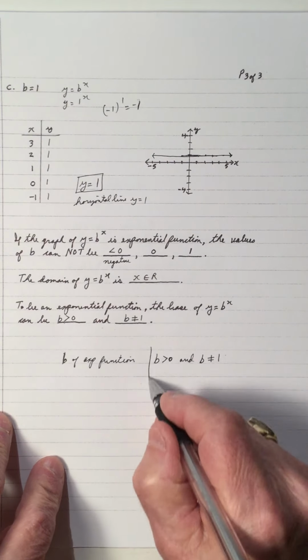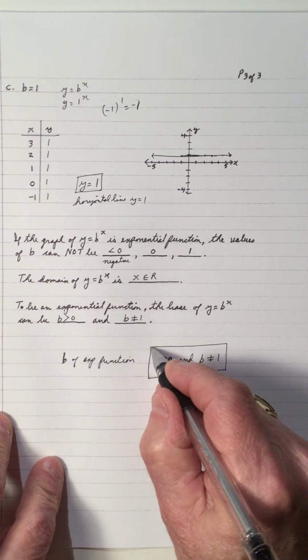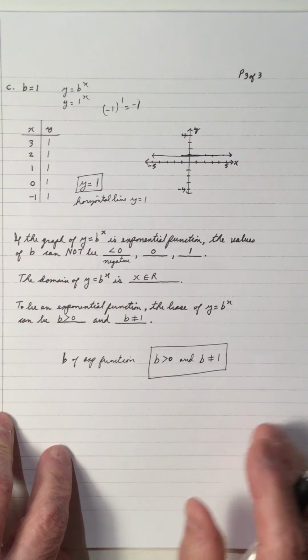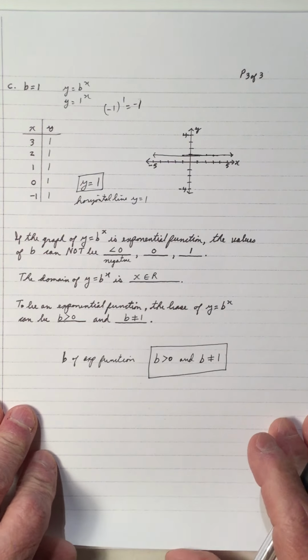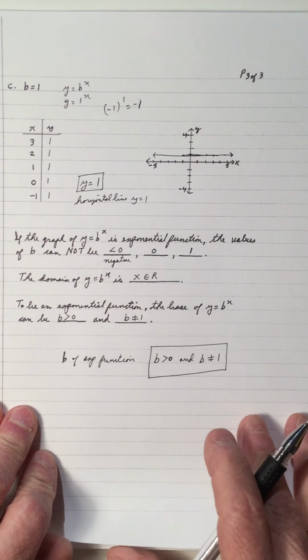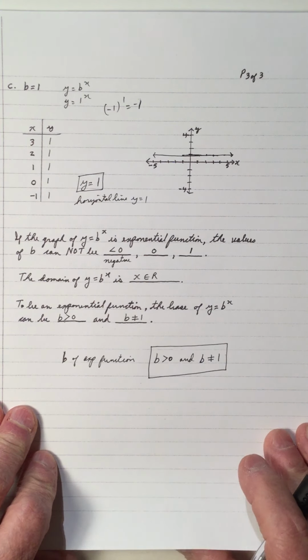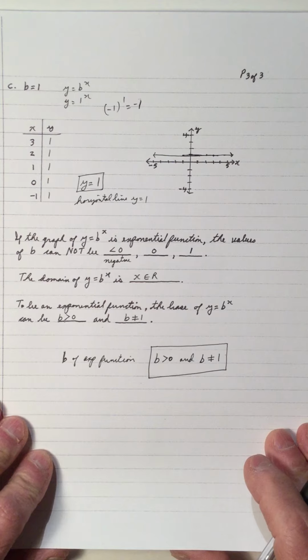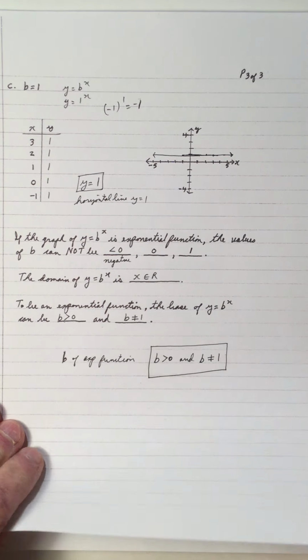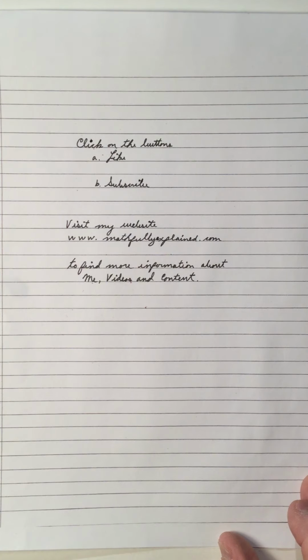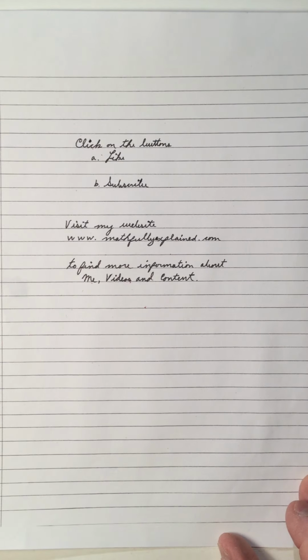Memorize it, know it, because you cannot have a negative, you cannot have 0, and you cannot have 1. So the base of an exponential function is greater than 0 and not 1. Very important.